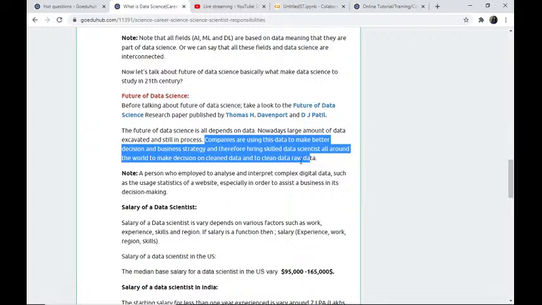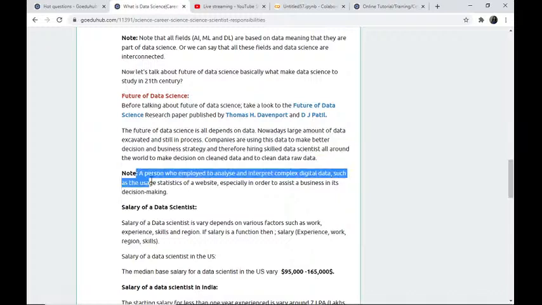A data scientist is a person employed to analyze and interpret complex digital data, such as usage statistics of a website, especially to assist the business in its decision making. Companies want people who can process data and provide analytics.